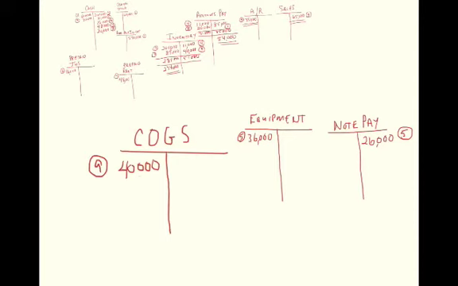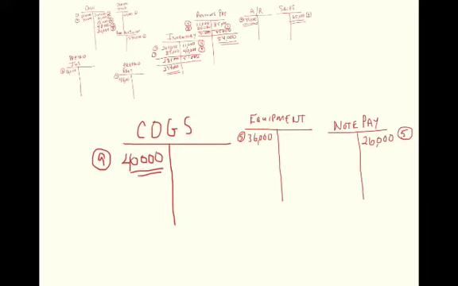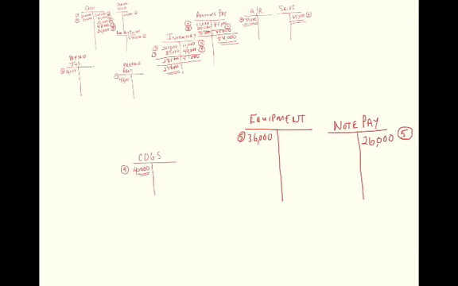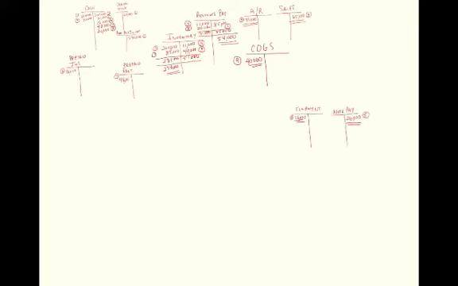So here we're going to start, and we're just going to put that double underline underneath the 40,000 for the cost of goods sold. Then I'm going to make that one smaller, if I can. I'll put that one up here. And over here, we'll put a double underline under the 36,000 and under the notes payable. We'll make that smaller. Put it up over here.